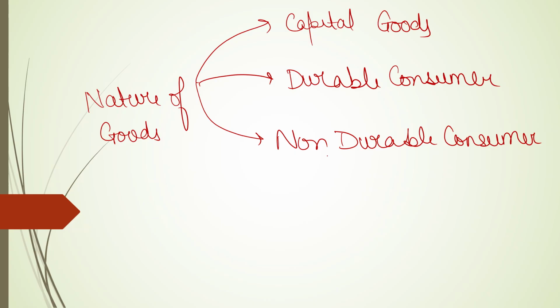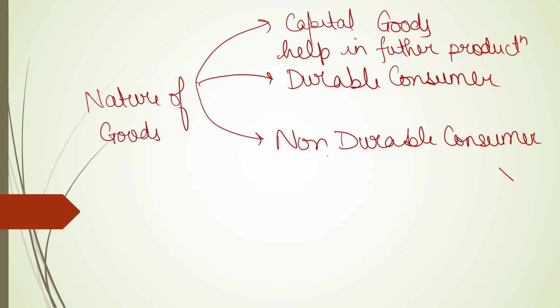Capital goods are goods which help in further production. For capital goods, some information required is the norm of consumption, life expectancy, and growth possibilities of the industry demanding such goods. These are the three pieces of information that we require.